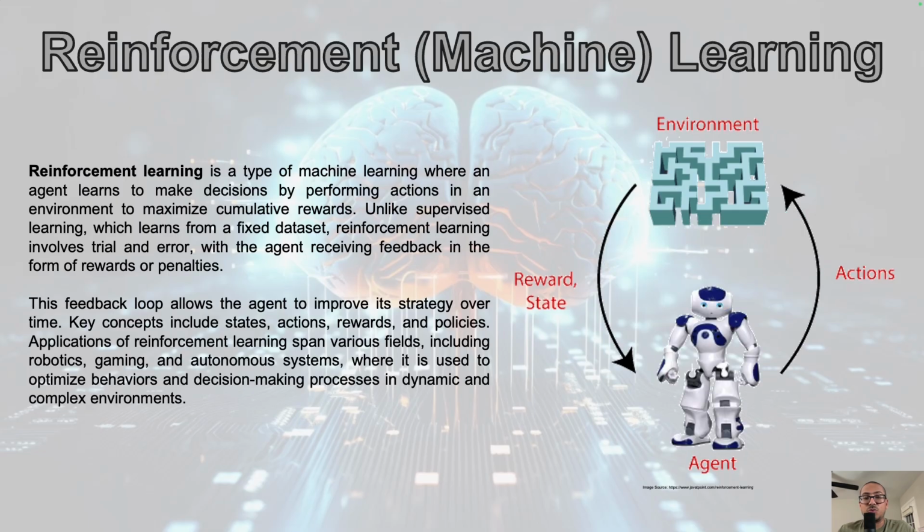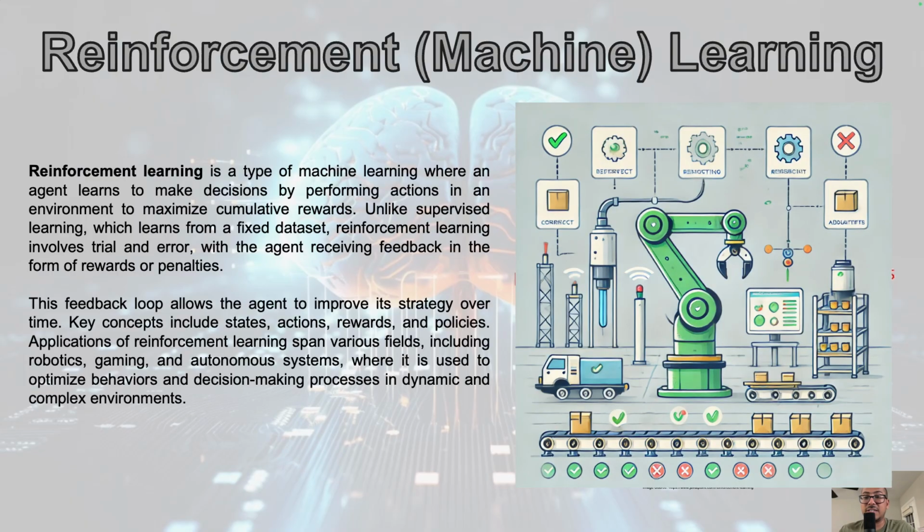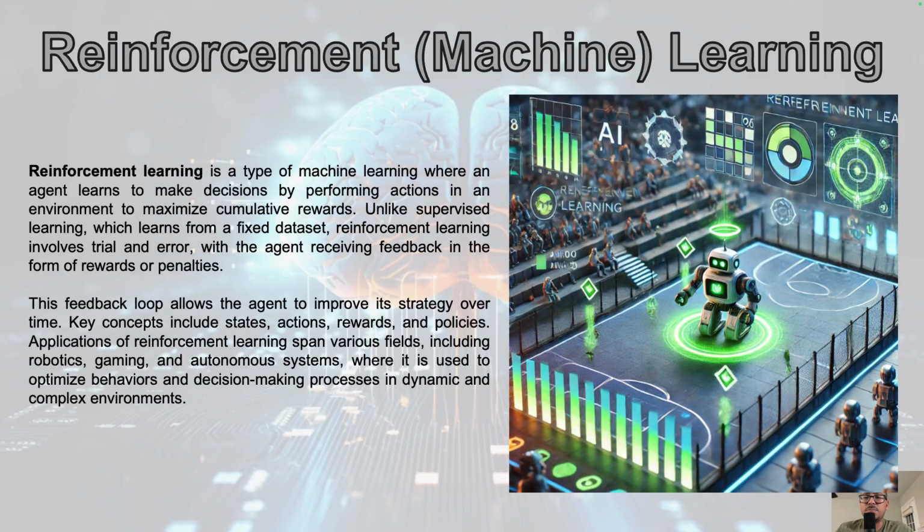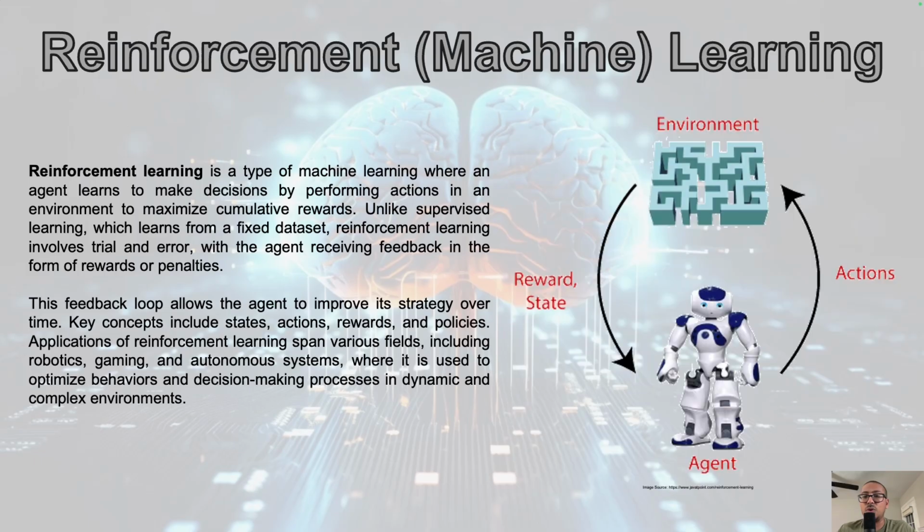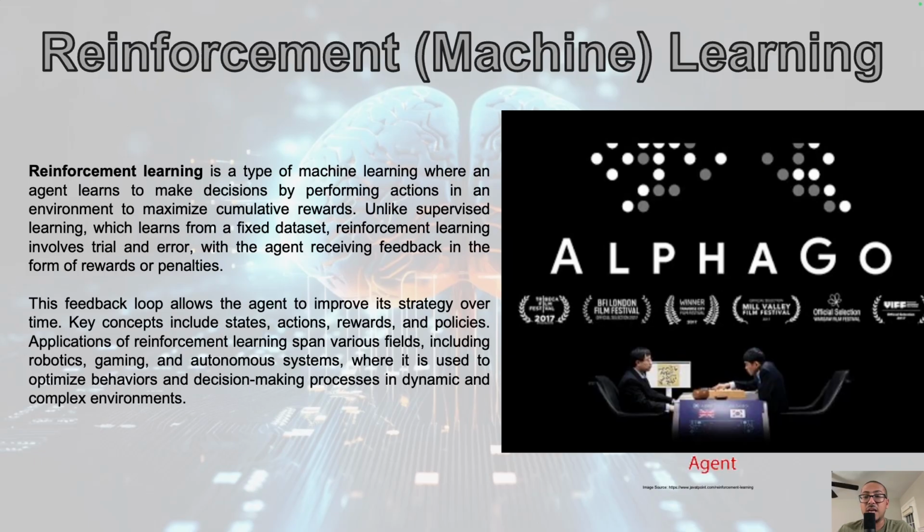Like all the previous ones, this type of machine learning also has endless potential and is already being used in fields like robotics, where robots learn to walk or perform complex tasks. In gaming, it's applied in AI to create smarter opponents that learn how to beat you, like how Google's AlphaGo learned to play and win against human players.